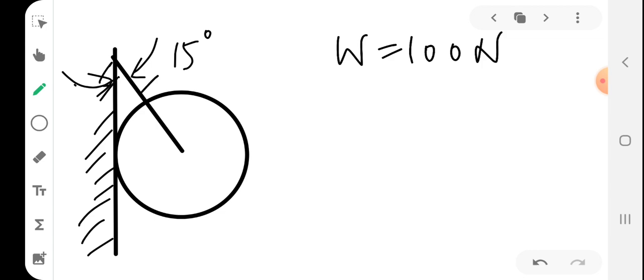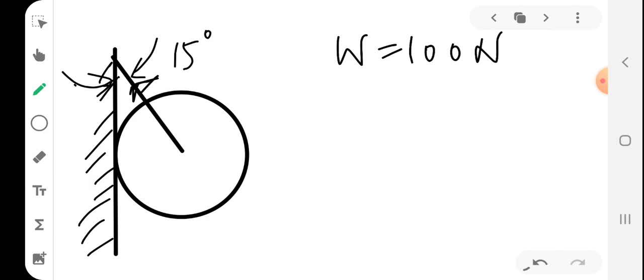So this is the string, tied as shown in the figure. It has contact over the surface of the wall here, so naturally there will be a reaction force due to the contact. There will also be a tension force acting in this direction, trying to pull the sphere.